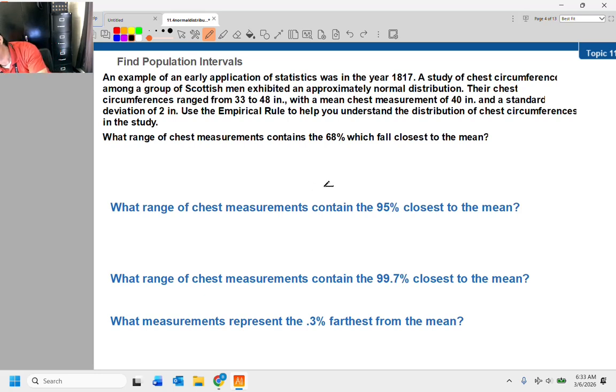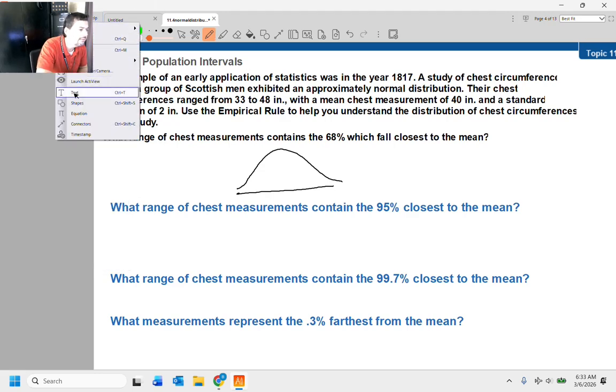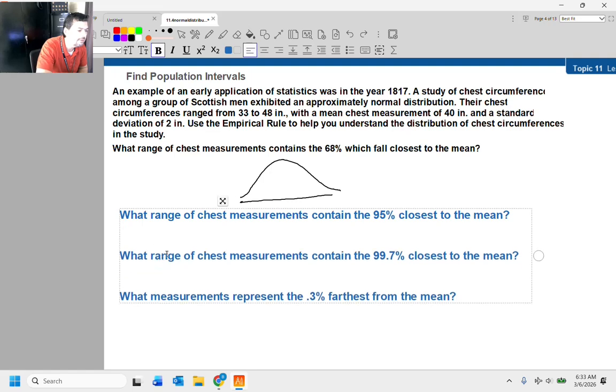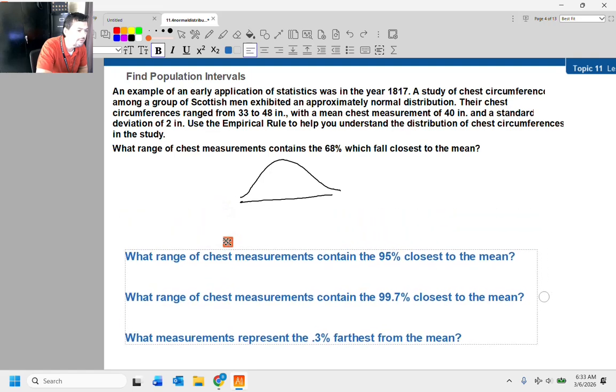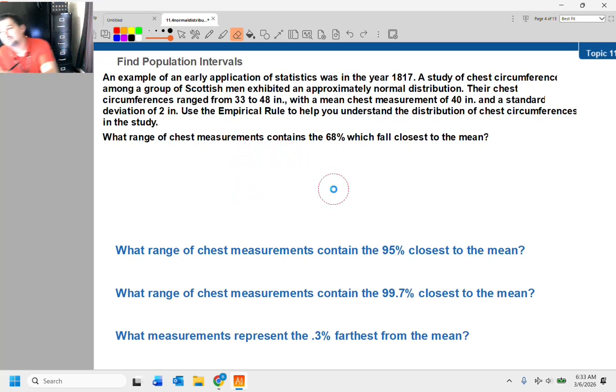So let's go ahead and put out a bell curve here. And I could have sworn that I had edited these notes so that we could make this bigger, but apparently I did not. Your bell curves don't have to be works of art, kids. They don't.